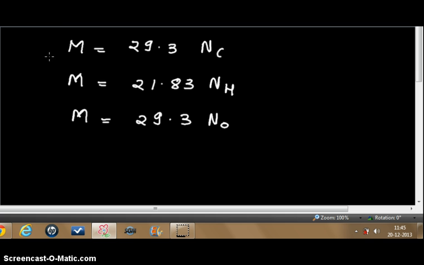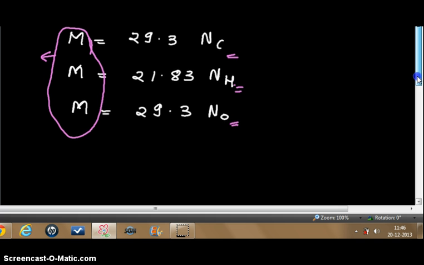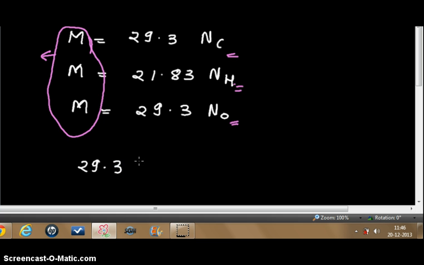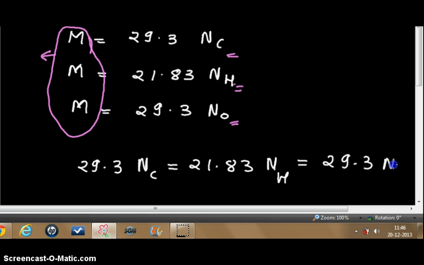Since the left side is common and we want to eliminate this, as we are interested in the ratio of this to this to this, we'll eliminate this and rewrite the equation as 29.3 NC is equal to 21.83 NH, that is equal to 29.3 N oxygen, which is the right hand side.